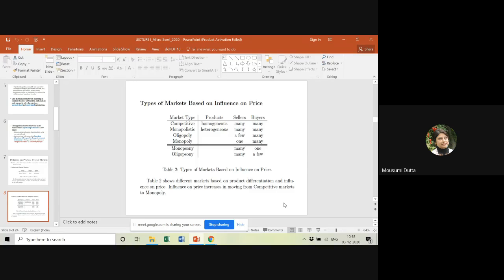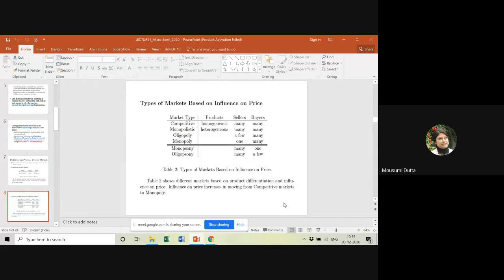So there will be no outside intervention or government intervention, nobody will intervene. So if this is the context, homogeneous product, many buyers and sellers, no government intervention, and complete information, we get a competitive market. Now this market is an ideal market.